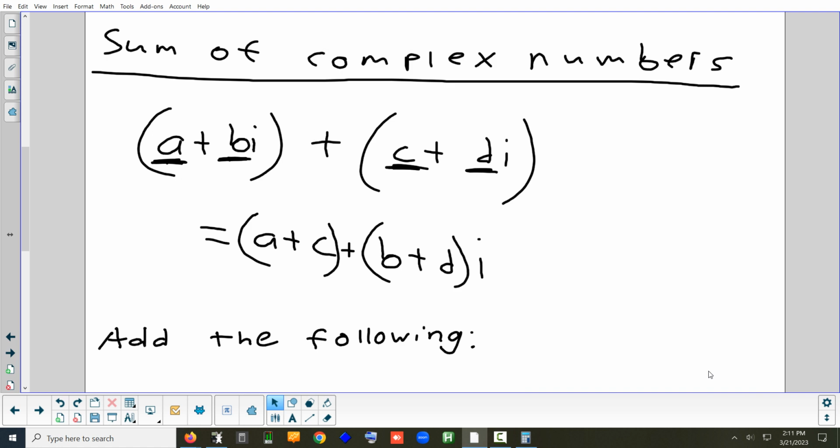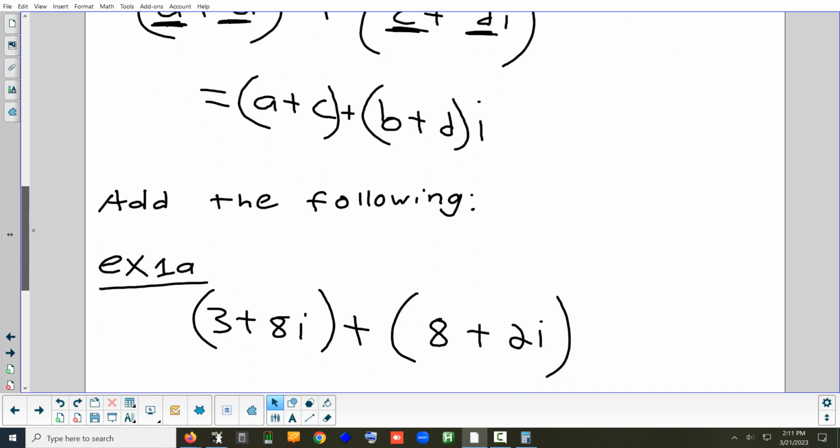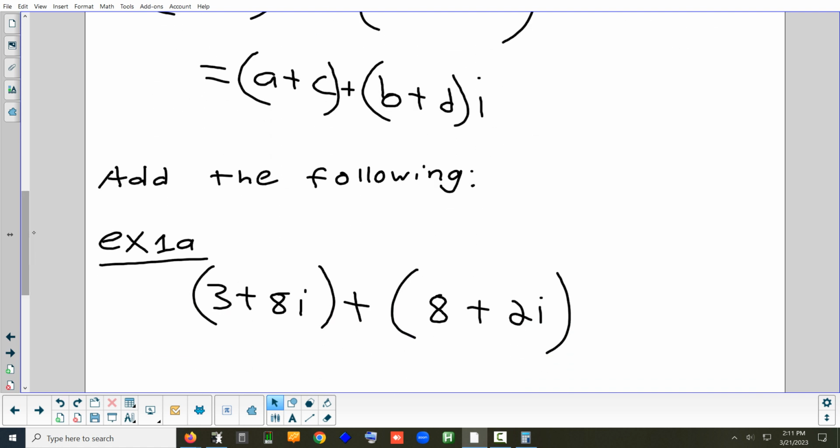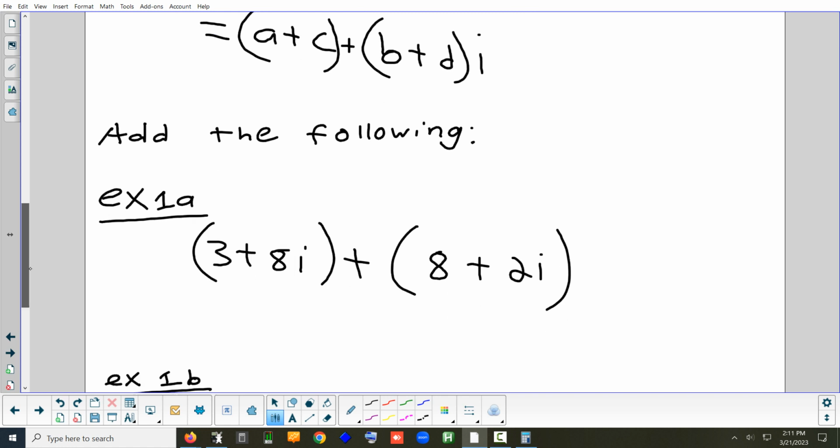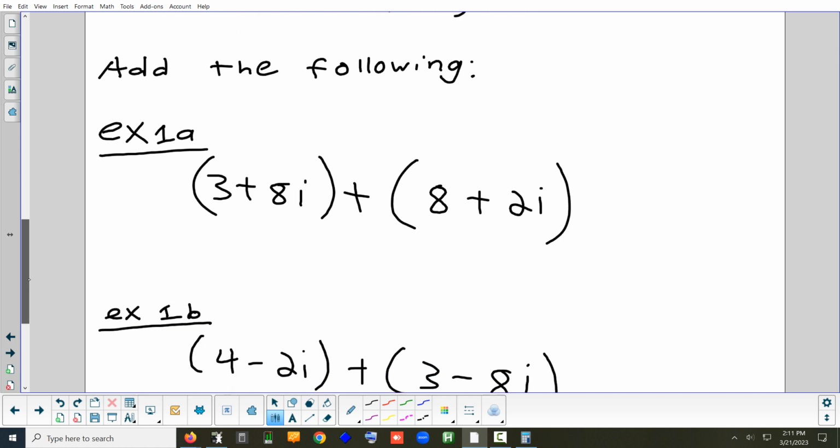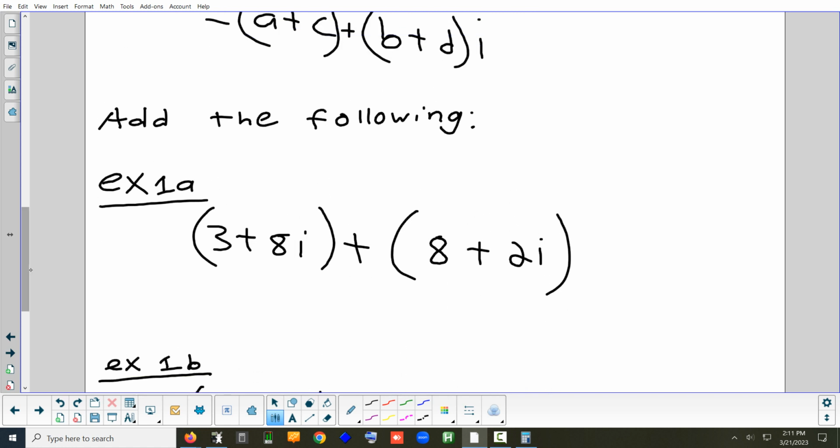All right, so let's try looking at a problem where we add two complex numbers together. And all we're going to do for today is add and subtract. So we've got 3 plus 8i and 8 plus 2i. What's the real part of the first number?